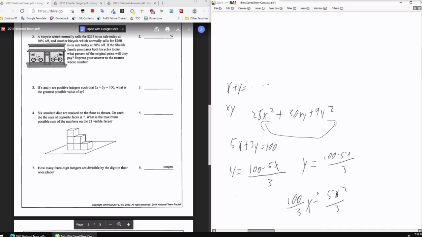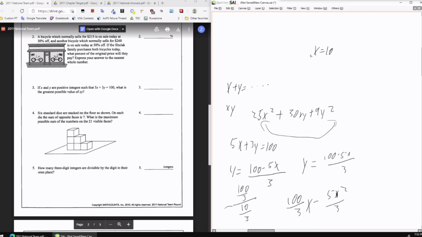The maximum would be at the vertex, x equals negative b over 2a. So x is going to equal negative 100 thirds over 2 times negative 5 thirds, which is equal to 100 thirds over 10 thirds, which is then equal to 10.